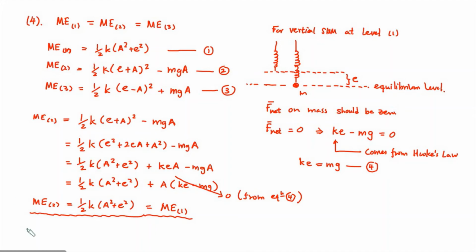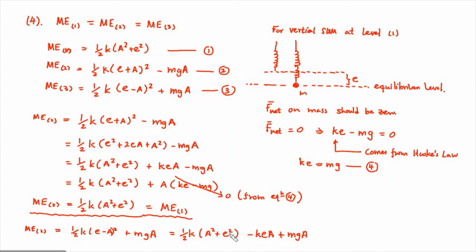So if we try to do that over here, mechanical energy at level 3 is equal to 1/2 K (E minus A) squared, the square of the complete thing, plus mgA, and you can simplify that just like what I did earlier, and you'll see that 1/2 K, you're going to get A squared plus E squared, and then minus KEA, plus mgA.